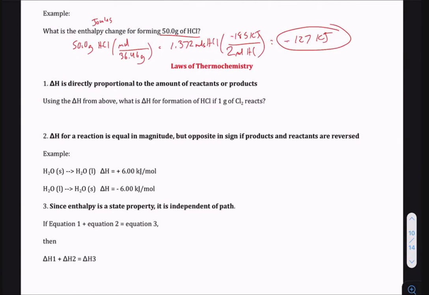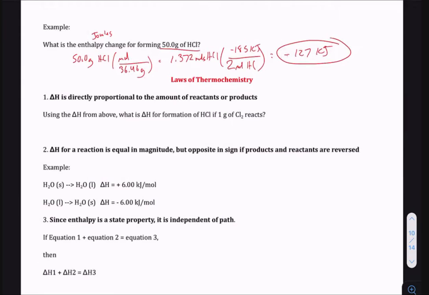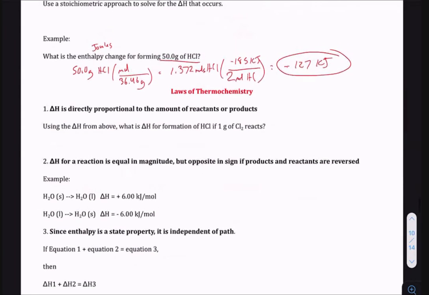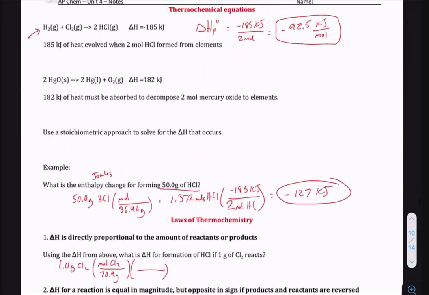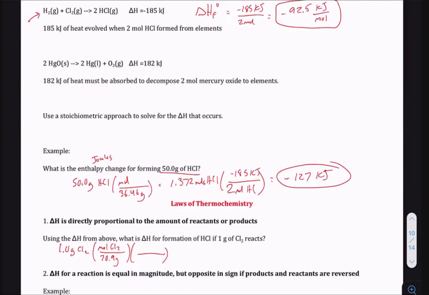So using the delta H from above, what's the change in enthalpy for 1 gram of chlorine? Okay, so the molar mass of chlorine, Cl2, is 70.9 grams. And in that equation up here, there's going to be negative 185 kilojoules for every 1 mole of Cl2 that reacts.